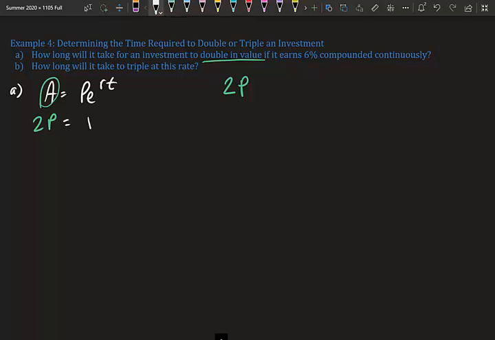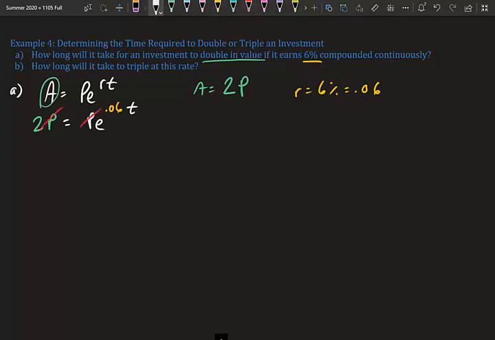I don't know how much money to put down. E is always e. We don't know how long it's going to take, but we know the rate. The rate is 6%, which is 0.06. So we plug that in, we have 0.06, and I have no idea how long it's going to take me. That's why it's t.